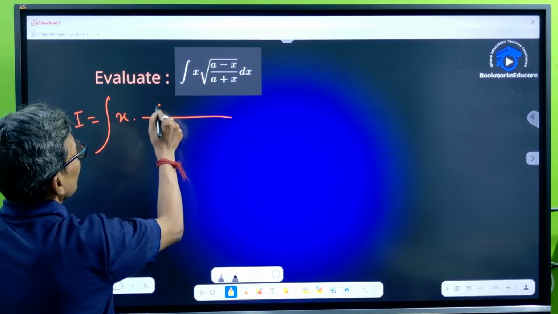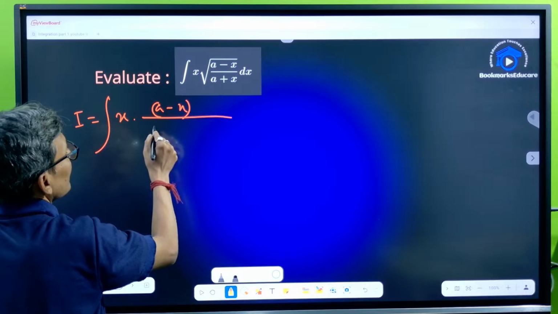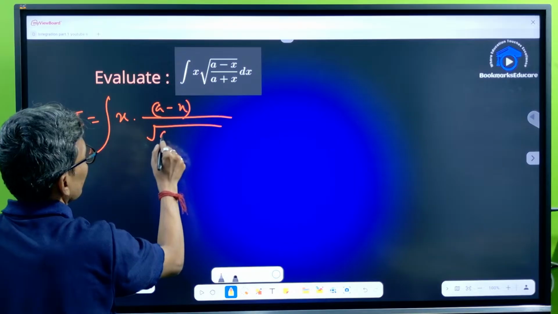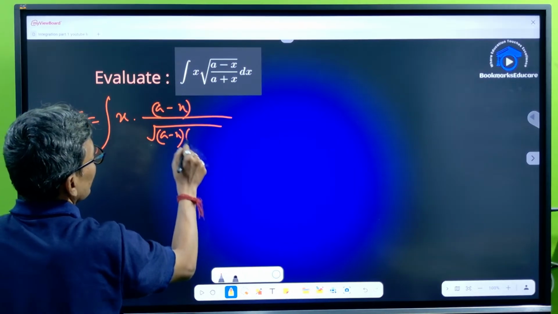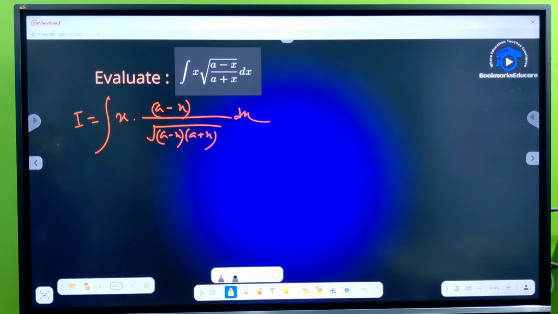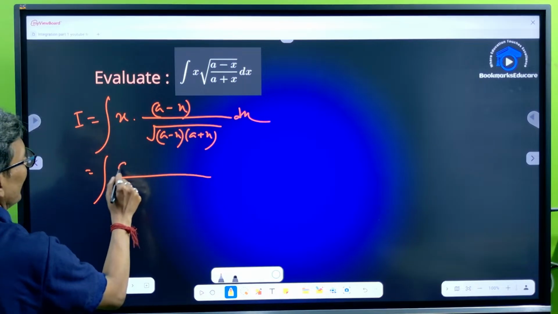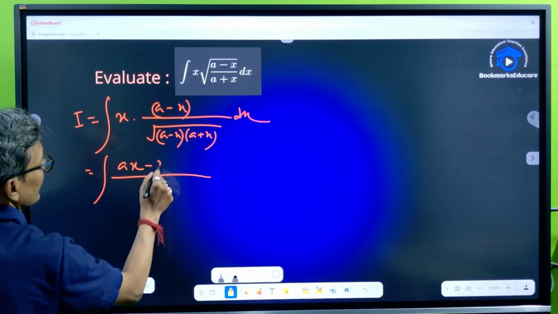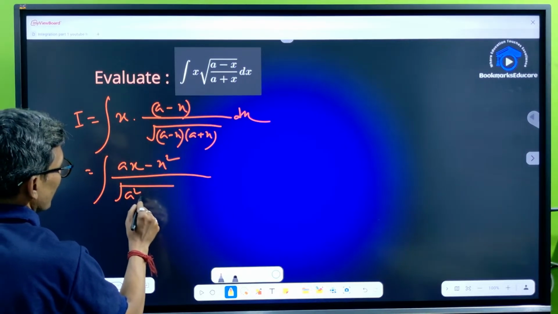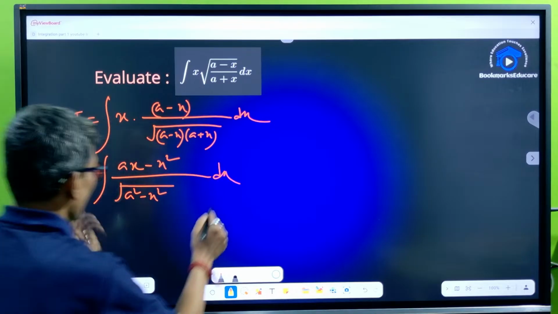So a minus x dx. Okay, so ax minus x square, so root over a square minus x square dx.